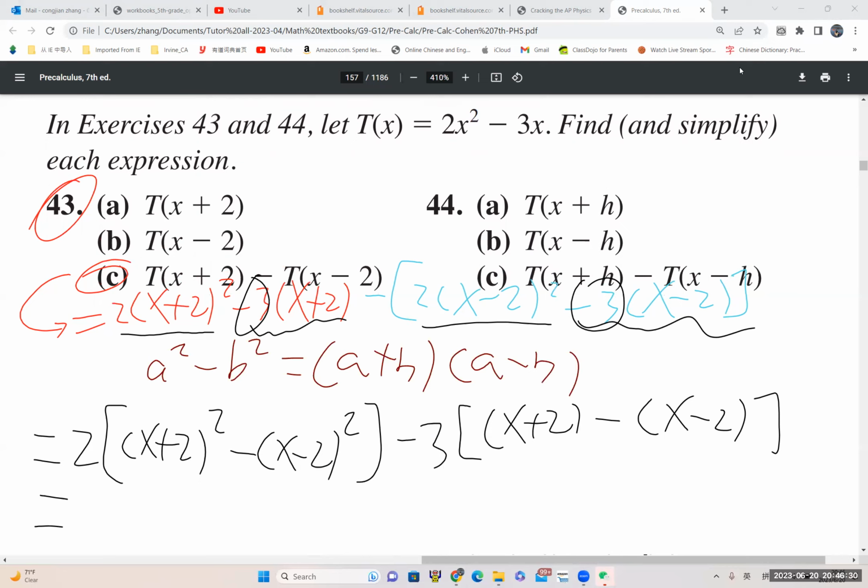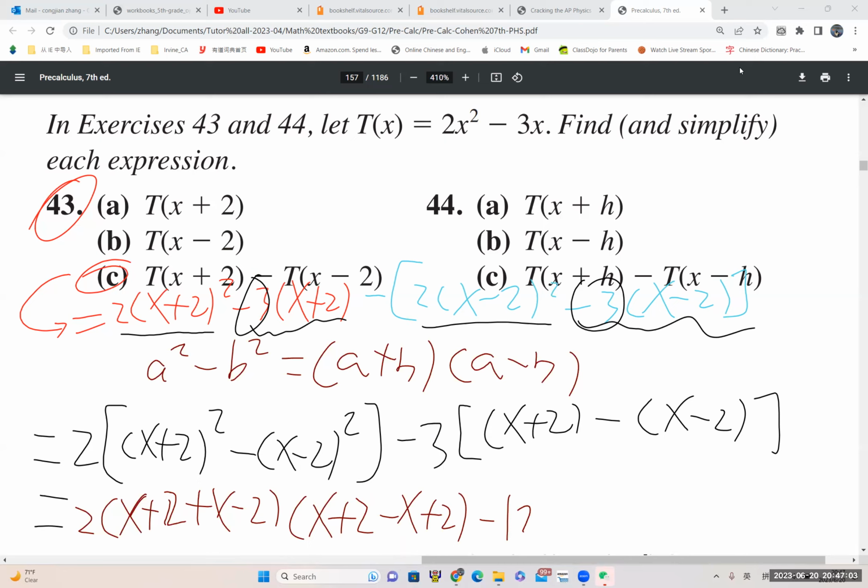So for here, you can use it. 2 times, first x plus 2 plus x minus 2, and here x plus 2 minus x, then plus 2. For here, x plus 2 minus x, so x is gone. Minus negative 2 is just 2. So 2 plus 2 is 4.